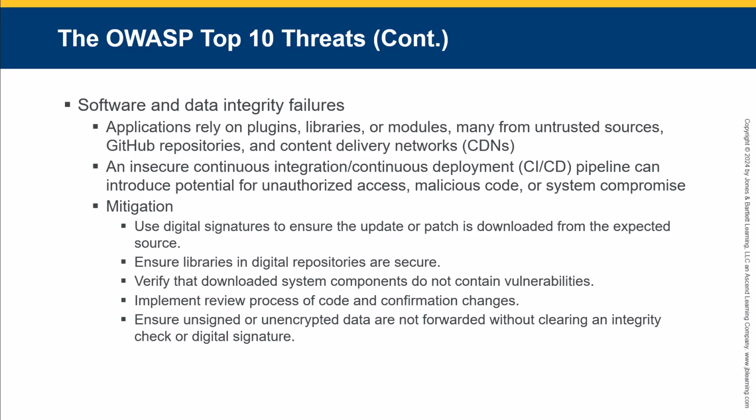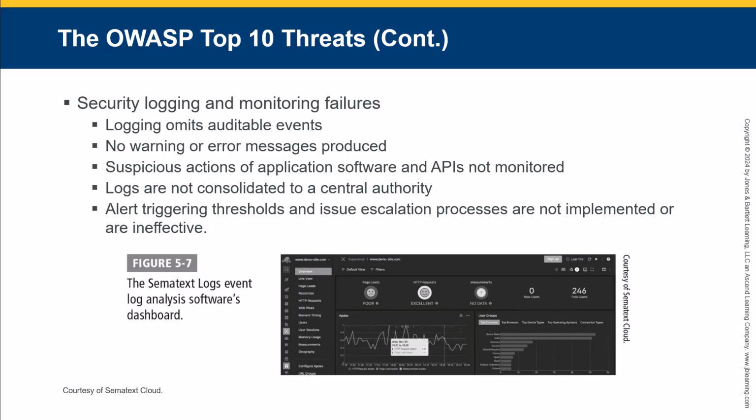Lastly, ensure unsigned or unencrypted data are not forwarded without clearing an integrity check or digital signature, i.e. if data is not encrypted, verify that that data should be unencrypted. If it contains anything, it needs to be protected. That's what it means by clearing an integrity check, basically making sure what information is being allowed to be shared. If it's being sent and it's not protected, the assumption is someone's going to read it.